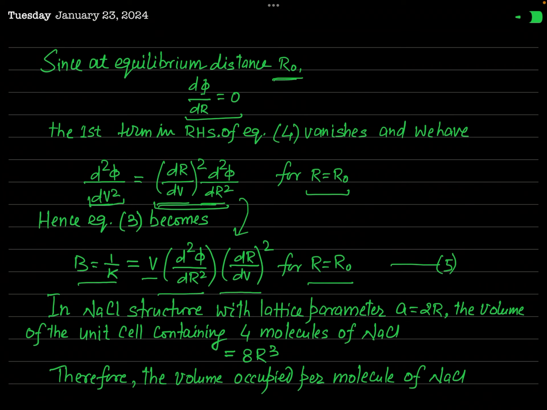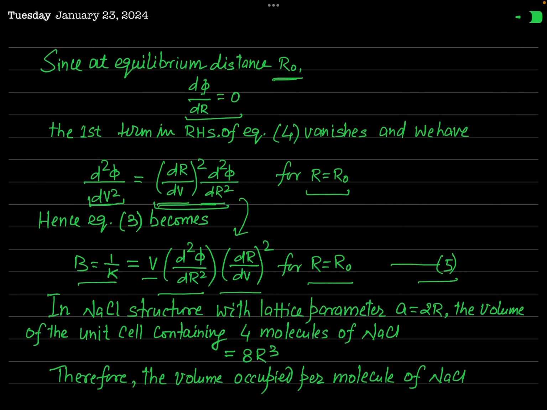But now we are going to see the particular case of ionic crystal. Till now we have never considered a particular ionic crystal, but as I told you in the beginning of my lecture, our aim is to find the repulsive exponent of ionic crystal. But the results obtained up to equation 5 are valid for all crystals, all solids.